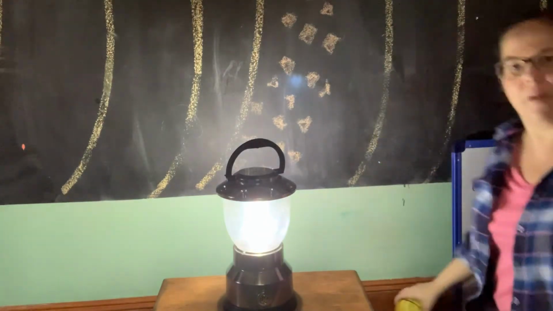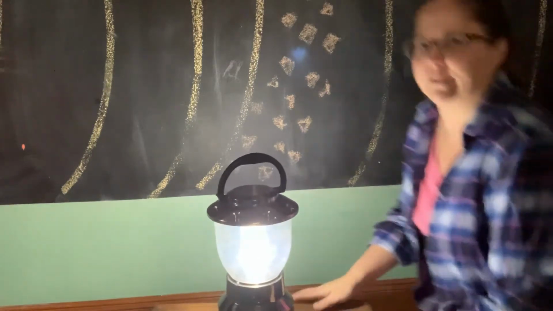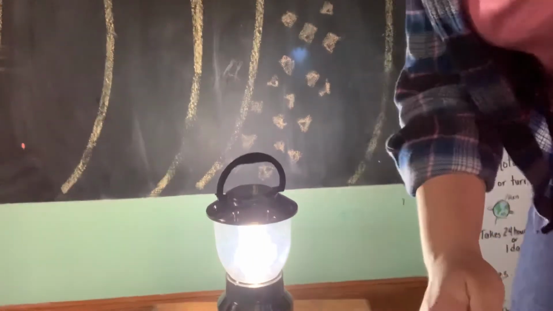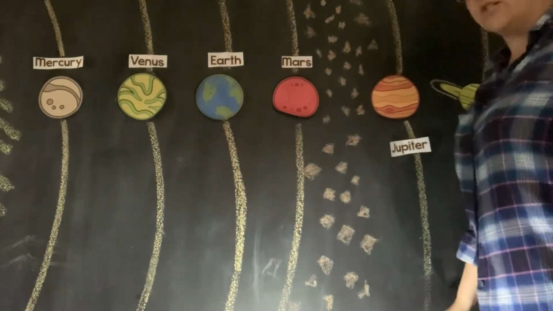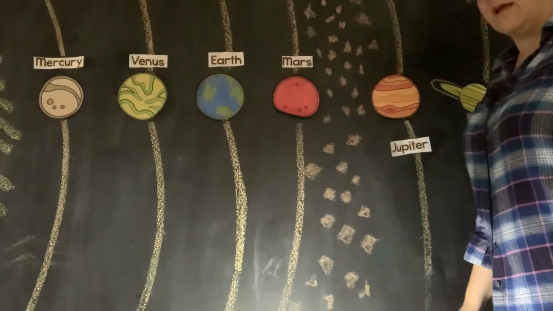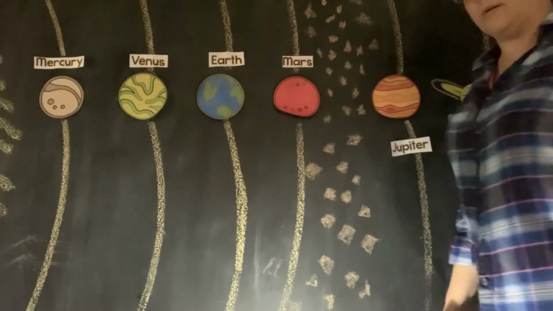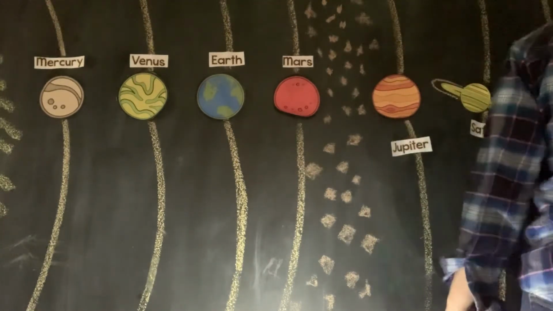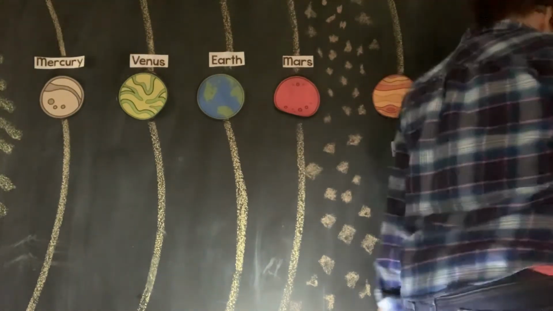Maybe I'm going to be the Earth. Let's try it. I might need to adjust my camera. Okay, so the sun is shining on me. I'm going to start to rotate. Now the front part of me is in darkness, but now I'm going to start making my revolution around the sun.